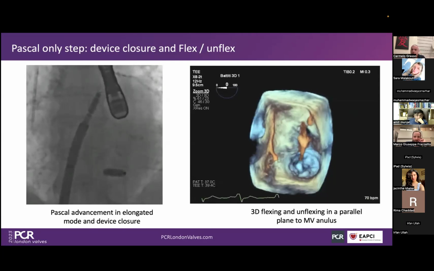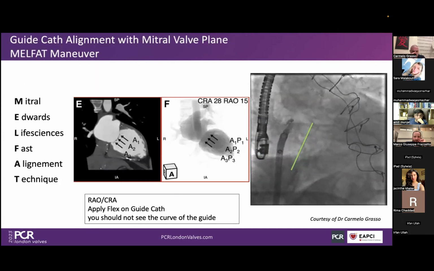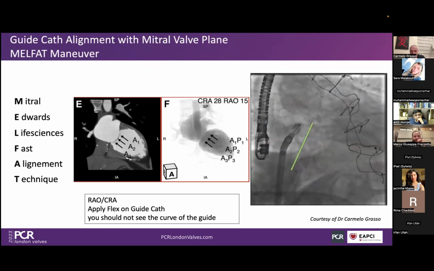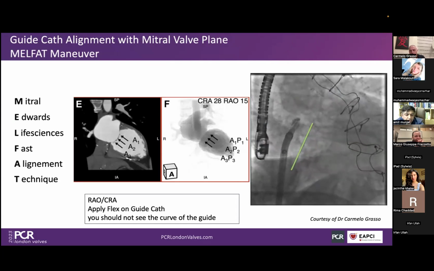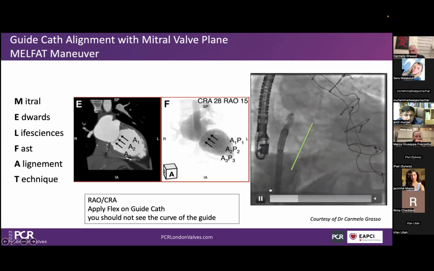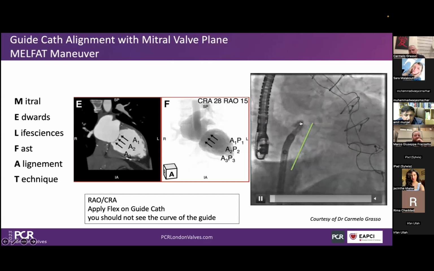Sometimes this maneuver is not so easy, finding the right view at the echo. So I perform an angio alignment that is much quicker, and it's really very, very reliable. If you put your tube with a little bit of RAO orientation, we are perpendicular to the mitral valve plane that is indicated here in green.